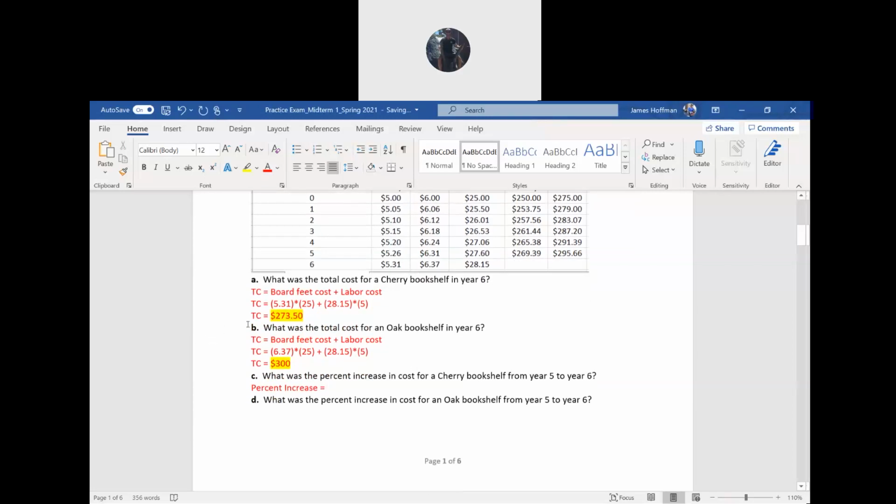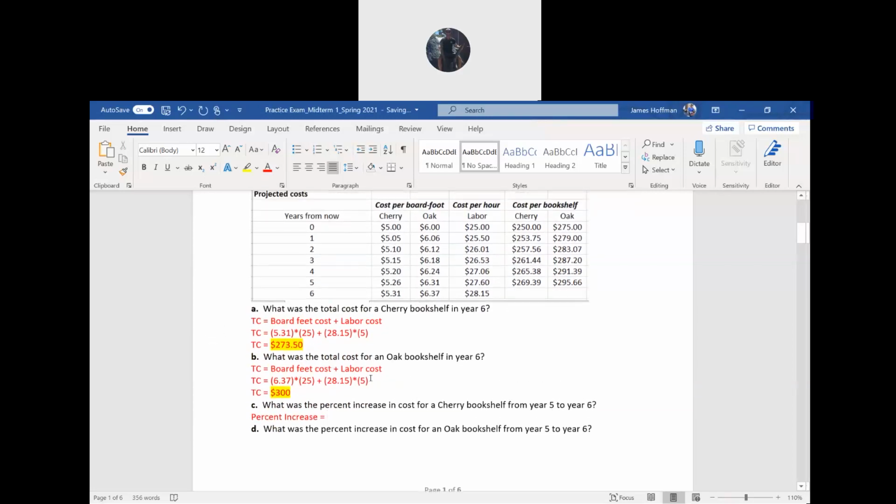Okay, so the percent increase is just the change over the original. Take the difference between the new cost and the old cost and divide by the original.